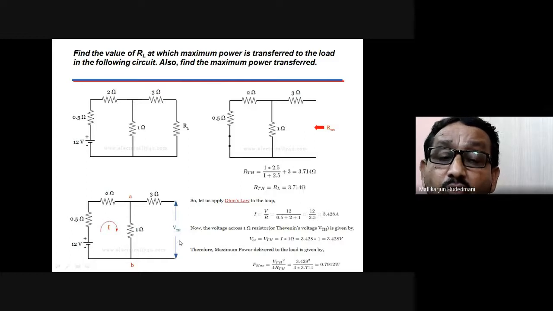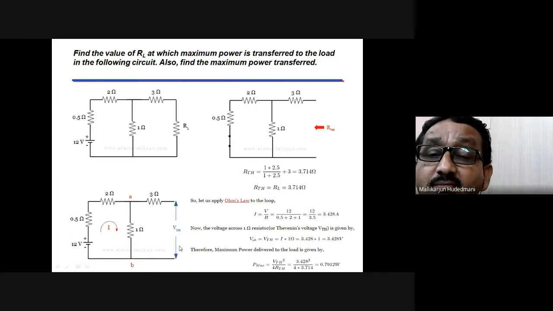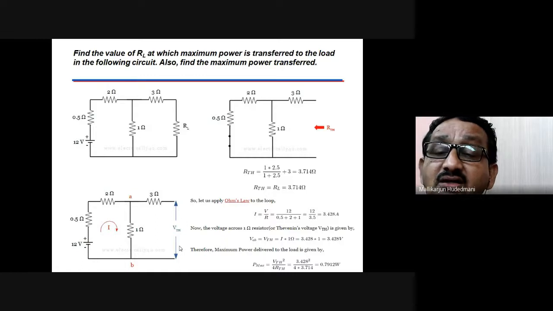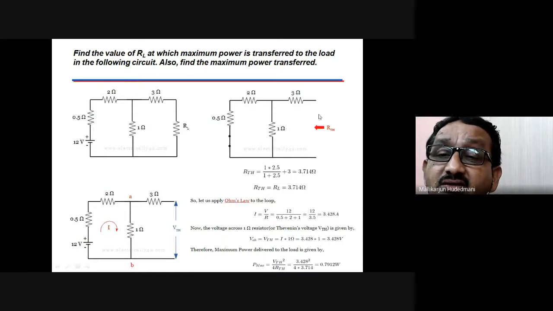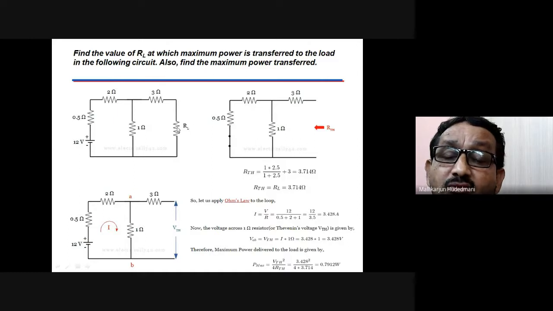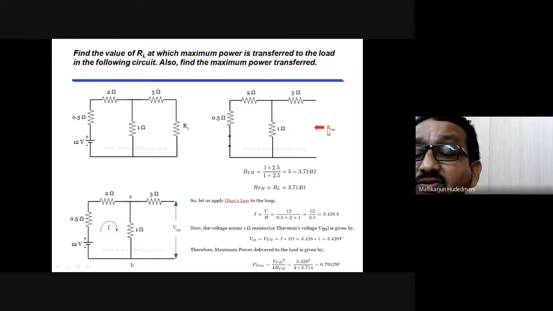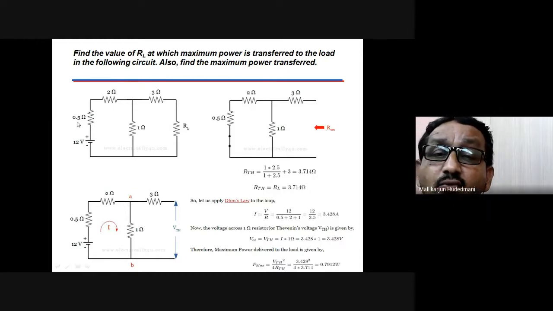Then, according to the other basic prerequisite, we find RTH across the points of our interest. Short circuit all the voltage sources, open circuit the load resistor, and between these two points, measure R equivalent. When I view from this end, where the arrow is shown, 0.5 ohm and 2 ohm find themselves in series. These two together in series find themselves in parallel with the 1 ohm.